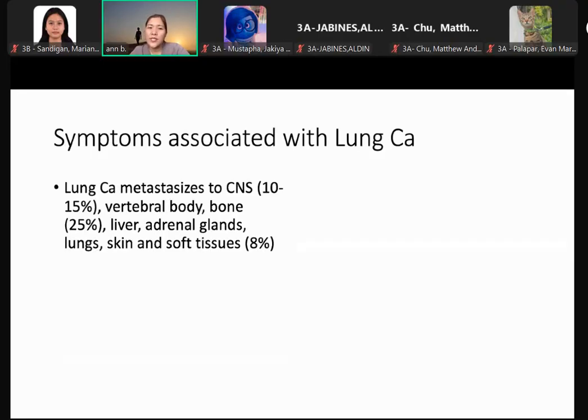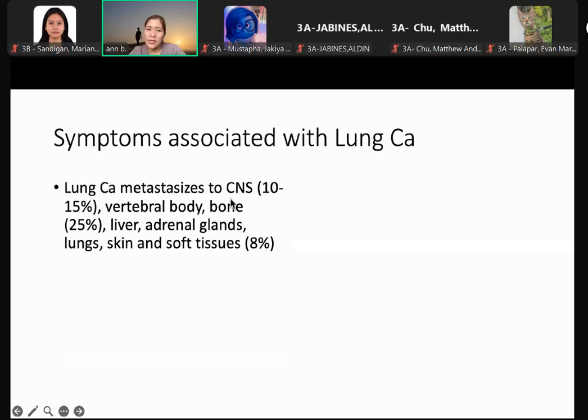Symptoms associated with lung cancer: when we work up patients for even a solitary pulmonary nodule or in patients with lung cancer, when we diagnose these patients, commonly when we have the PET CT, it lights up everywhere.